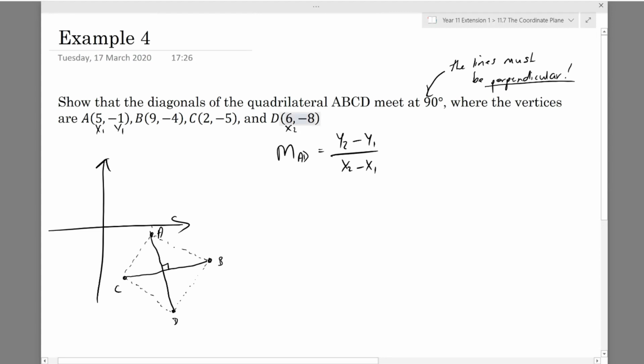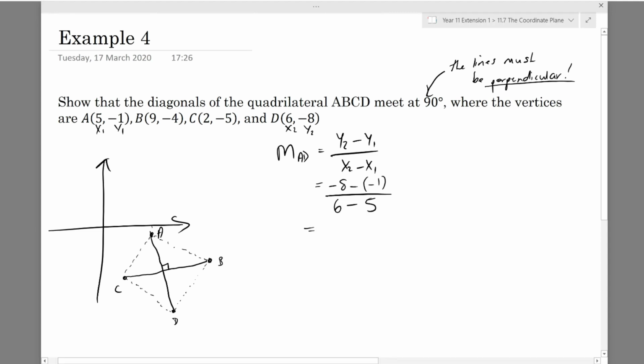Okay, so putting these points in, we go -8 minus -1 over x2, which is 6 minus 5.